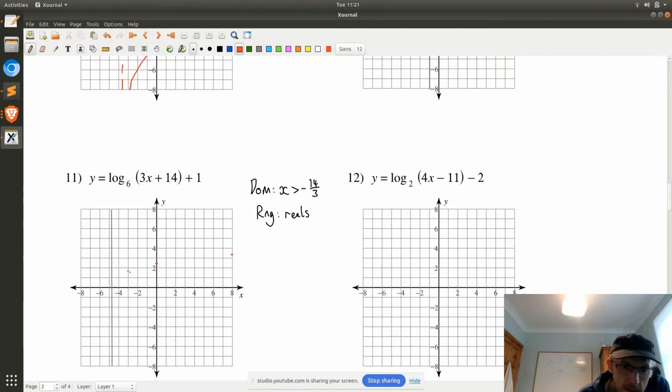That should be there. That should be there. It should be real steep then. Yeah, that's good.